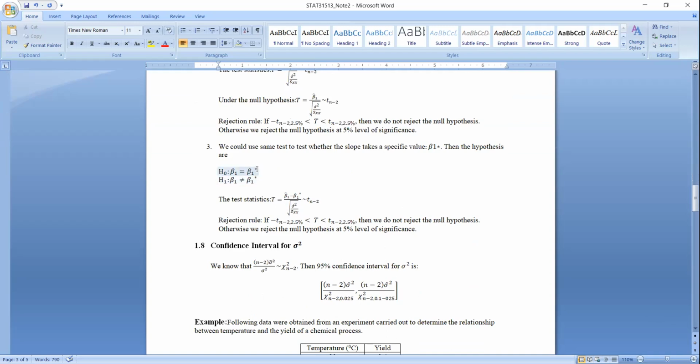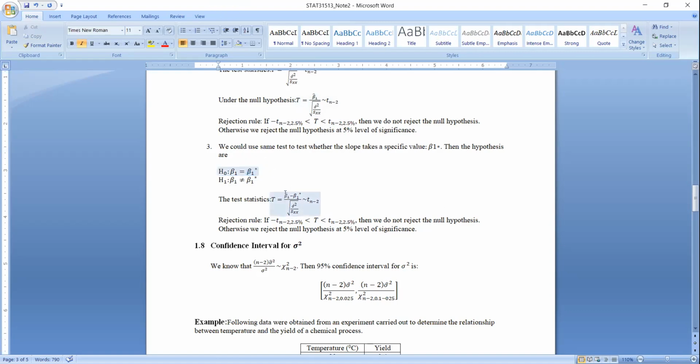So I have denoted that by using beta 1 asterisk. In that case, when you take the test statistic, in the previous one, if you look at the numerator, we have beta 1 hat only. But actually, that is beta 1 hat minus 0, since we are testing beta 1 equal to 0 versus beta 1 not equal to 0. In this case, since we are testing the beta 1 asterisk term, you can take beta 1 hat minus beta 1 asterisk.